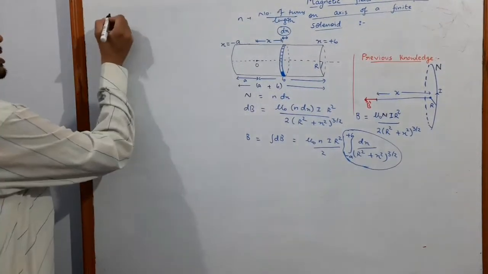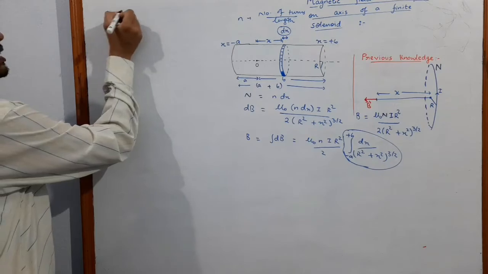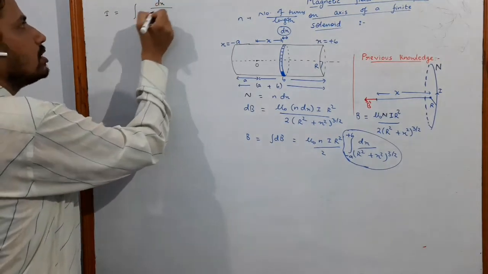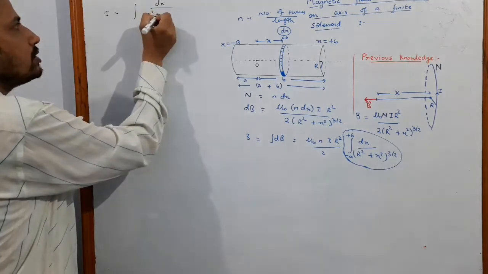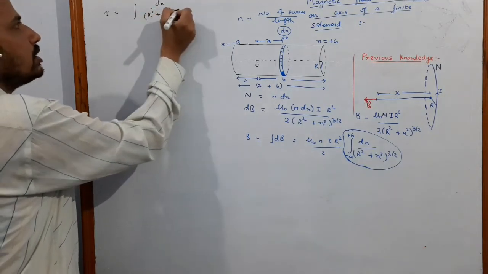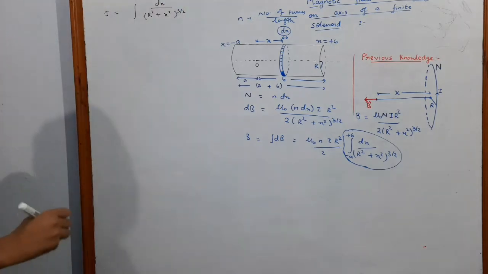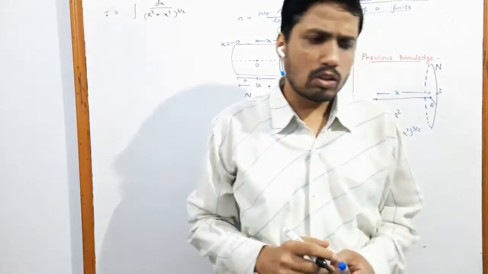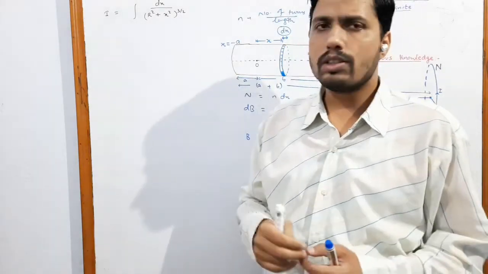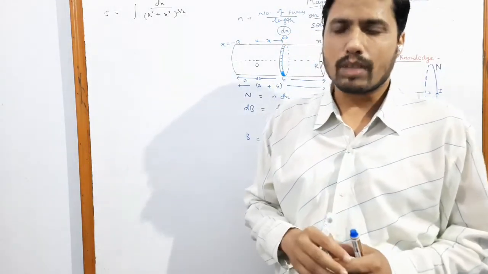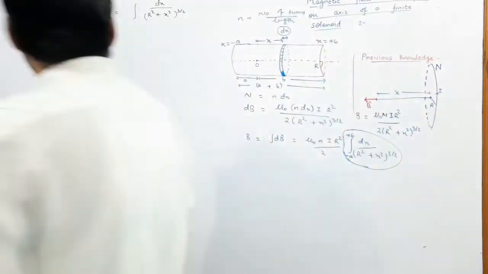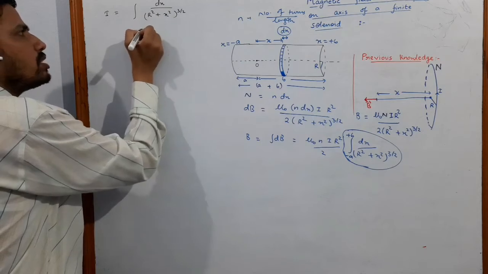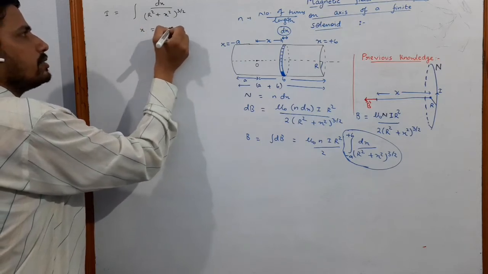So let us write separately this indefinite integral I, dx upon (r² + x²)^(3/2). Now this integration might look complicated to you. We cannot use such a direct formula for this, but no problem, we can easily derive this integration. So we can solve for it. We will put x is equal to r tan θ.